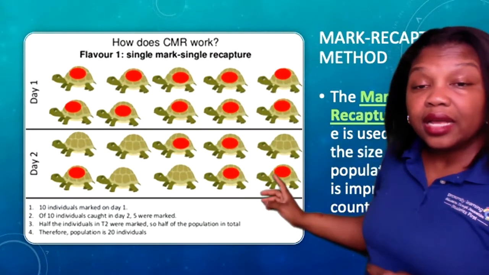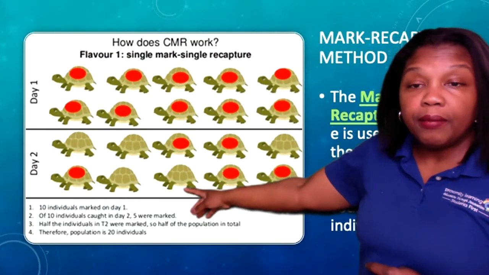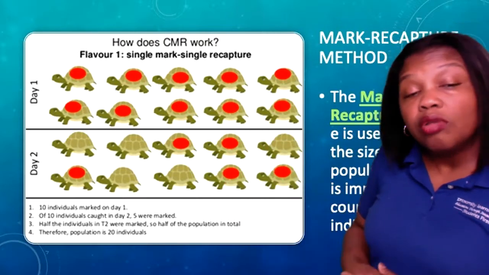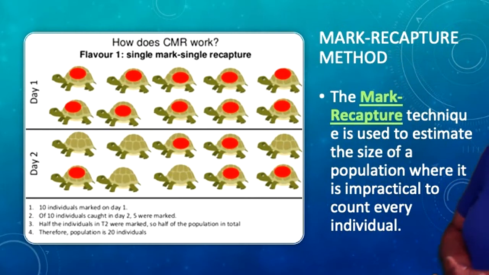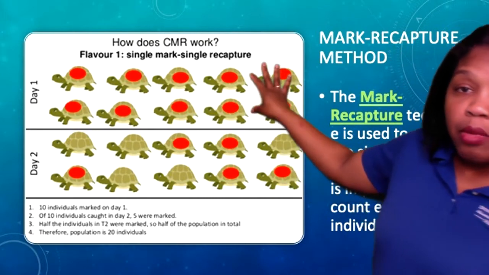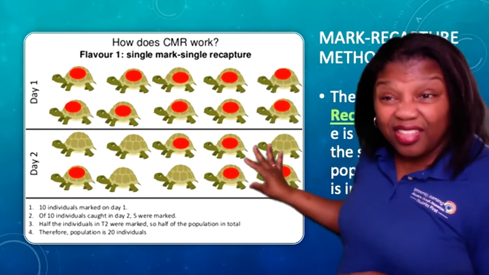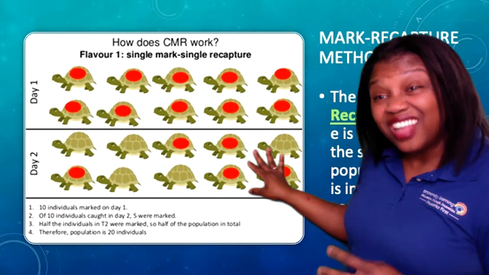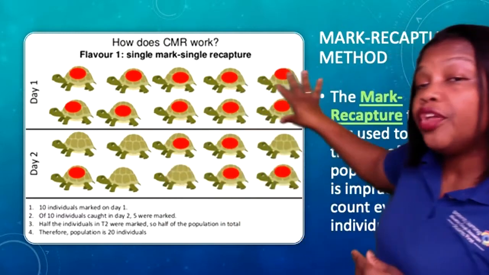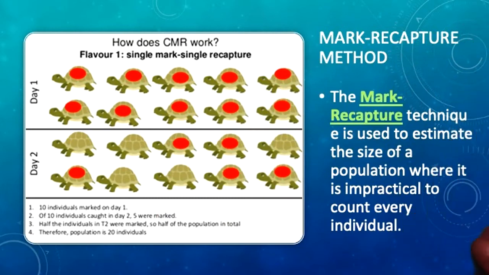And the second day, about half of them that they caught had the mark. So they can estimate that there's probably about 20 individuals because they got half the population back. They marked 10, about half of them they were able to catch the next day. So that's telling them that maybe there's 2 times the amount of the original sample. So they can estimate that there might be about 20 turtles.